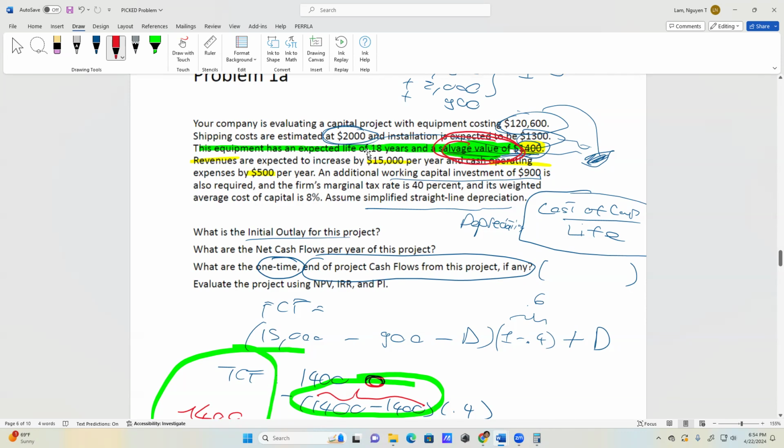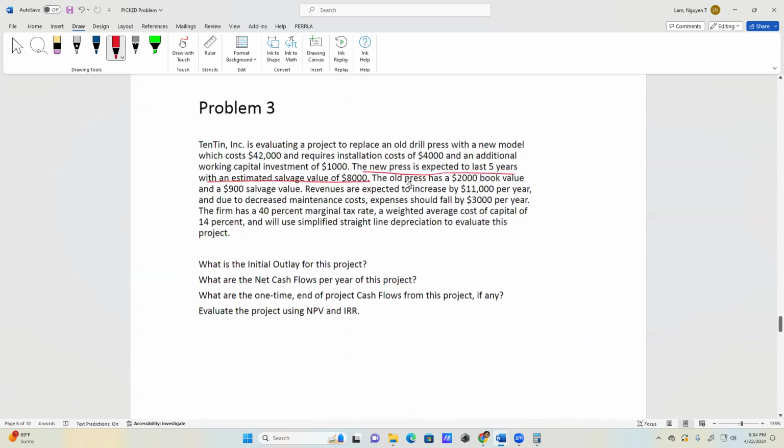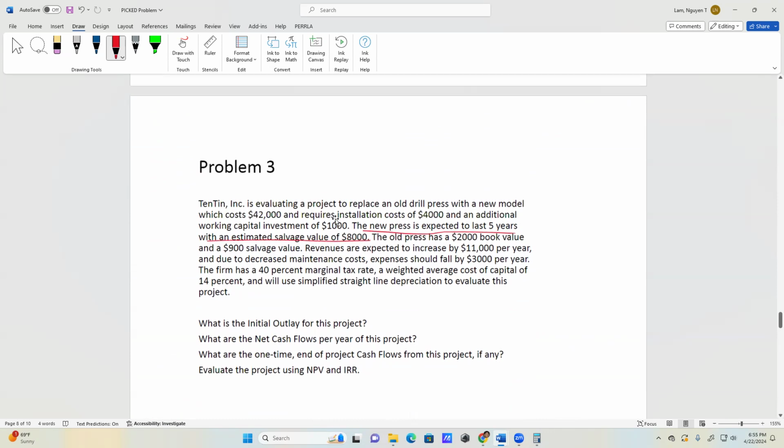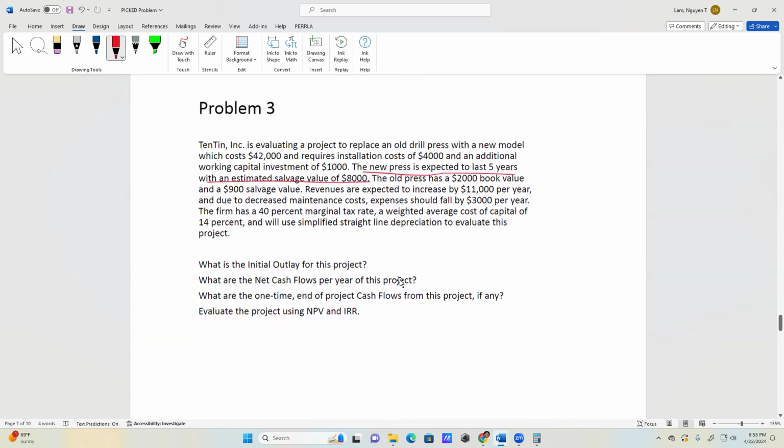Expected life of 18 years and salvage value of. Estimated salvage value of. Decrease in maintenance cost, expenses should fall.